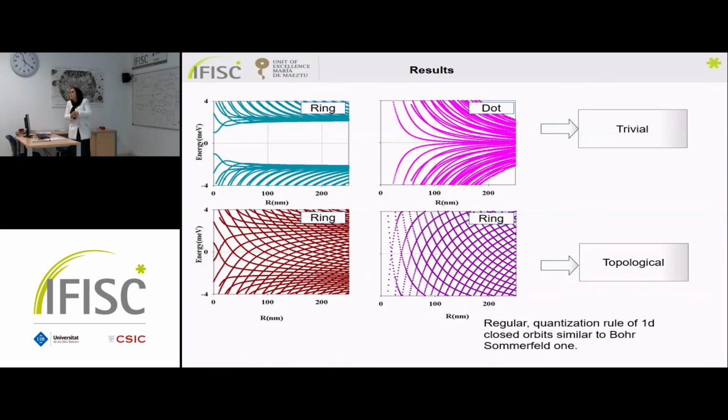How many of these 80 states are filled? I mean, how do you fill these states with electrons? You have the states, and then you have to put electrons in. How do you fill these states?